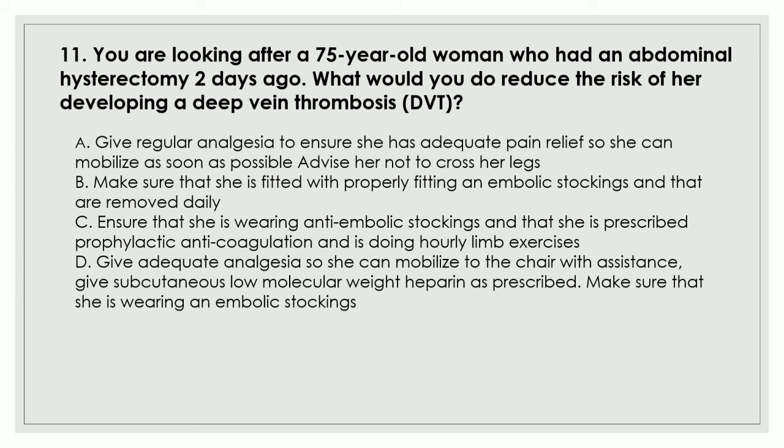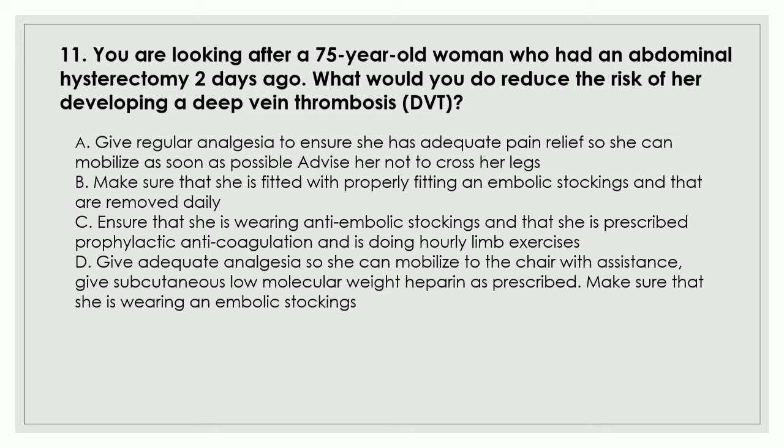B. Make sure that she is fitted with properly fitting anti-embolic stockings and that they are removed daily. C. Ensure that she is wearing anti-embolic stockings and that she is prescribed prophylactic anticoagulation and is doing hourly limb exercises. D. Give adequate analgesia so she can mobilize to the chair with assistance. Give subcutaneous low molecular weight heparin as prescribed. Make sure that she is wearing anti-embolic stockings.